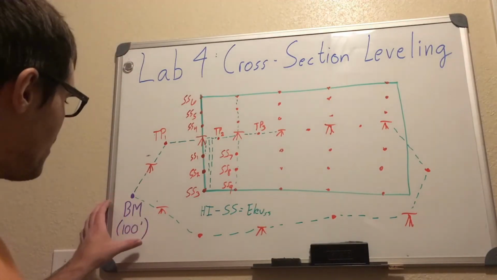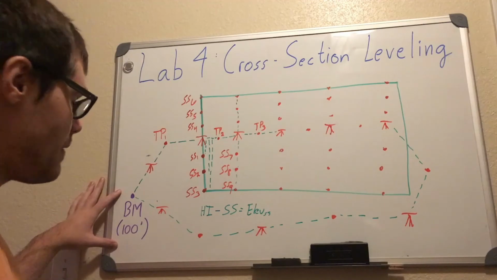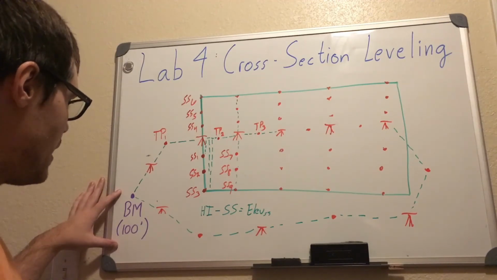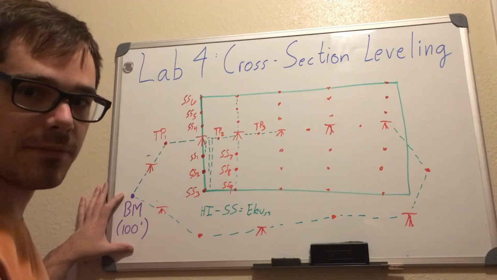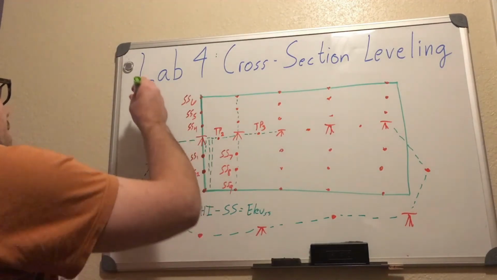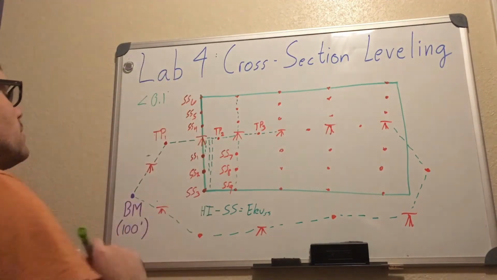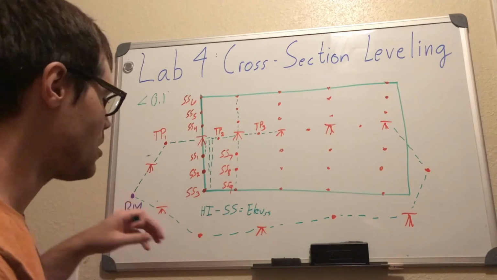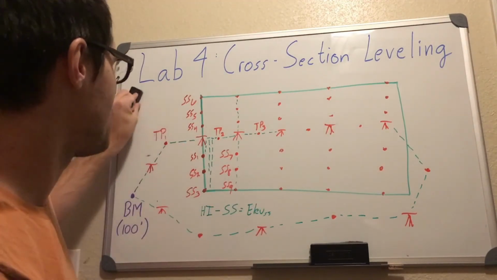A, compare the first elevation and last elevation, and hope that those are within your range of error. I think we established last week that typically in our labs we like to have an error of less than 0.1 feet. Okay, but that once again depends on what kind of work we're doing. Okay, so we would do that.